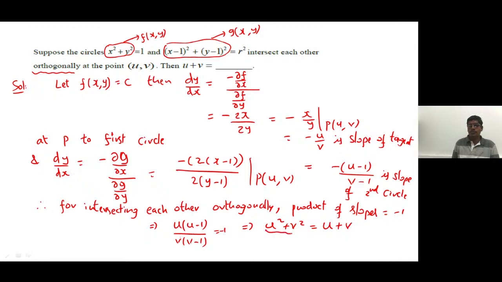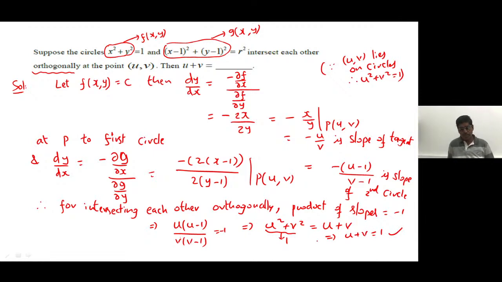Already u square plus v square is 1, since the point u comma v lies on both circles, the point of intersection always lies on both circles. So from this, u plus v is equal to 1. This is the answer. So the value of u plus v is 1.